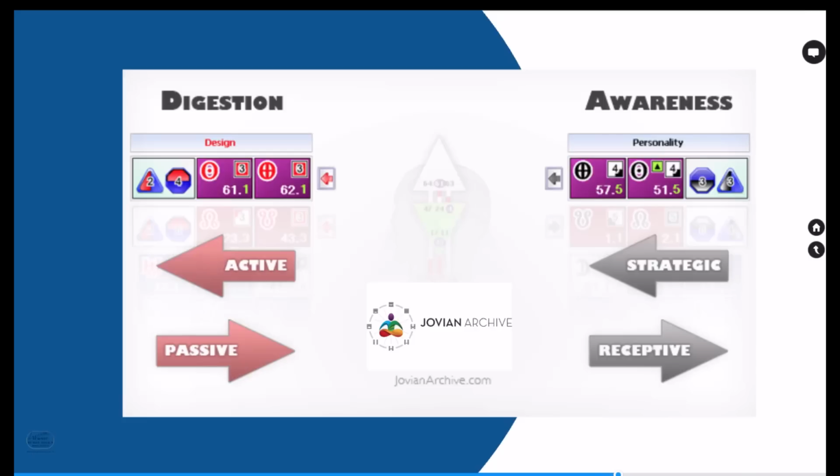Okay, so this is an older image from Jovian Archive. I put their new logo on here. What you can see is that this is actually Ra's chart. And we're talking about the 4 radical human transformations in this course. As far as this is an experiential course, it's not a certifying course.